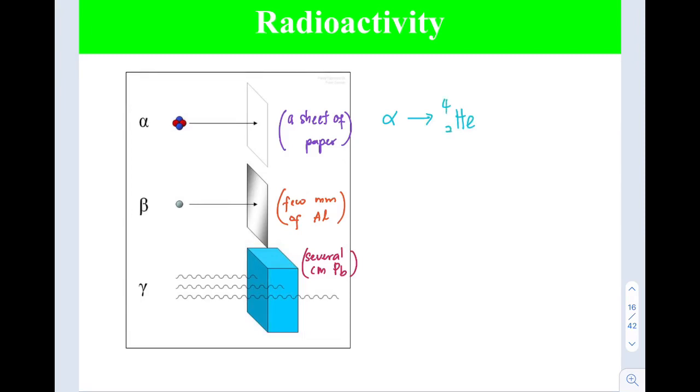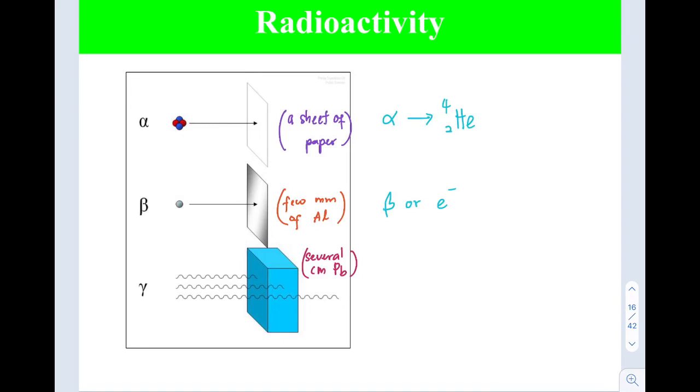It has electrical charge and mass, the biggest compared to the other two types of radiation in terms of mass and charge, and it is positively charged. The second type is beta, also symbolized as electron or known as negatron.